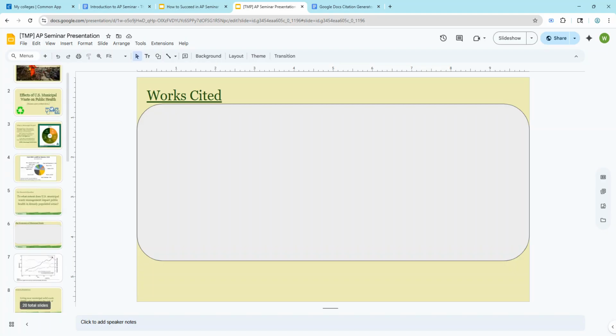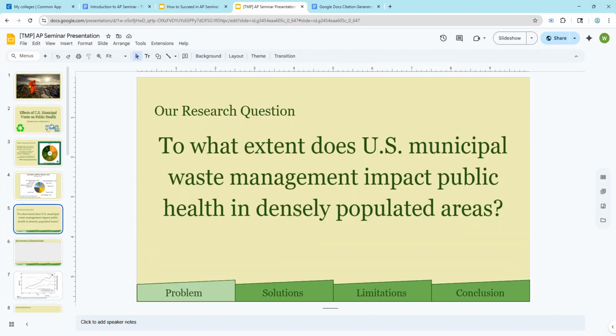So let's go back and look at another key highlight of my slides design. So in the bottom, you must have noticed problem, solutions, limitations, conclusion. So this is like a mini agenda box. It helps the audience, the teachers, to know exactly where we are at the presentation.